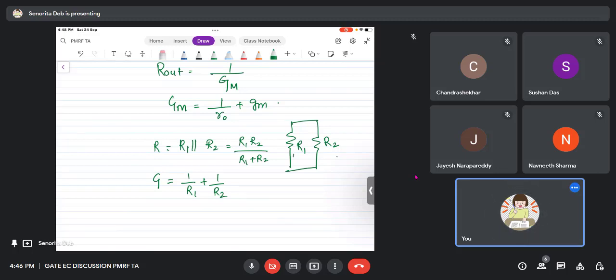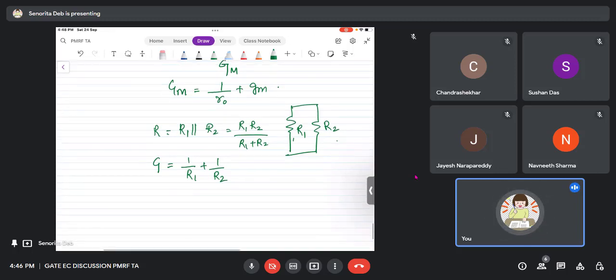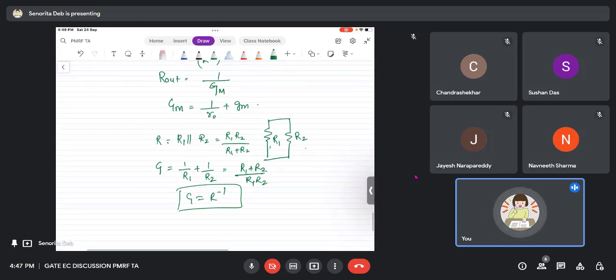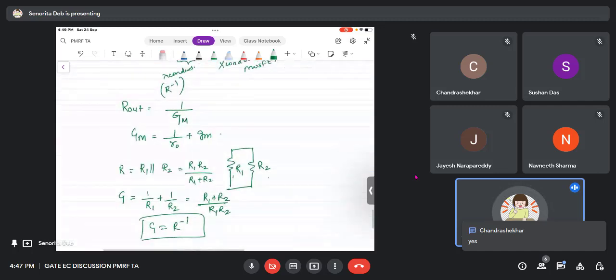Transconductance of R1 and transconductance of R2 get added, and that will be the total transconductance. So resistances in parallel give the parallel combination, and transconductances in parallel add up. This is from network theory, right? This is basically the inverse of what you have just written as R, so it makes sense. G equals R inverse. Is this clear or not? Please let me know. I'm taking it that you guys have this concept.